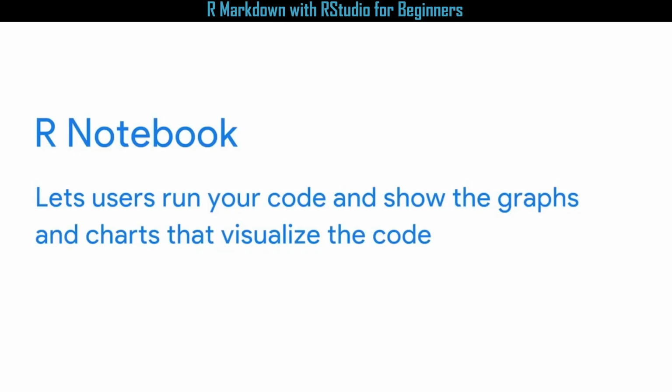Besides text, R Markdown also includes an interactive option called an R notebook that lets users run your code and show the graphs and charts that visualize the code. Any R Markdown document can be used as a notebook. This creates a clear overall picture of your analysis and conclusions.